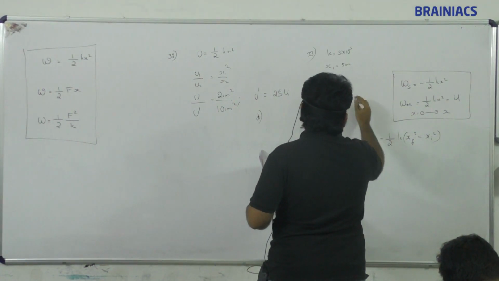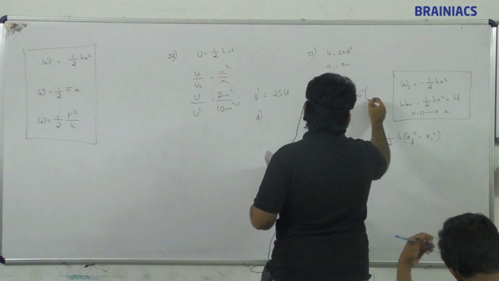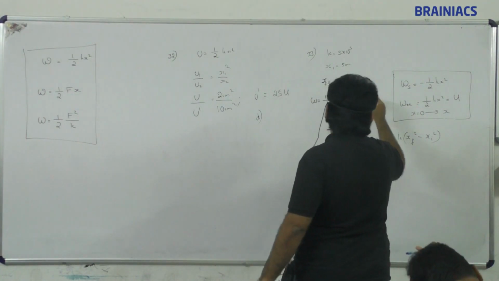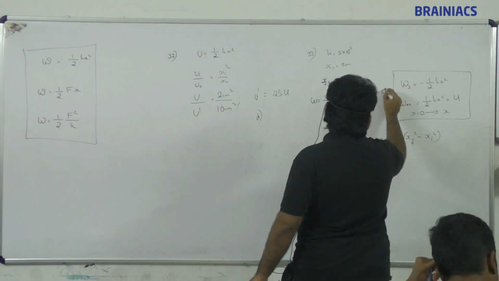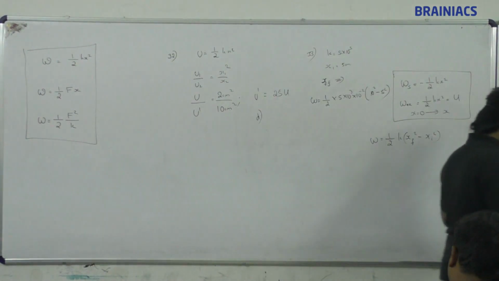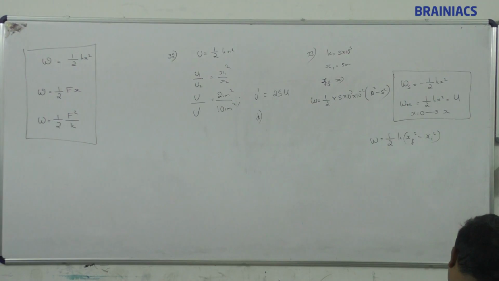So we will take out that centimeter, 10 raised to minus 2. So final position is actually 10 minus 5 square. Final position is 10 centimeter and initial position is 5 centimeter.